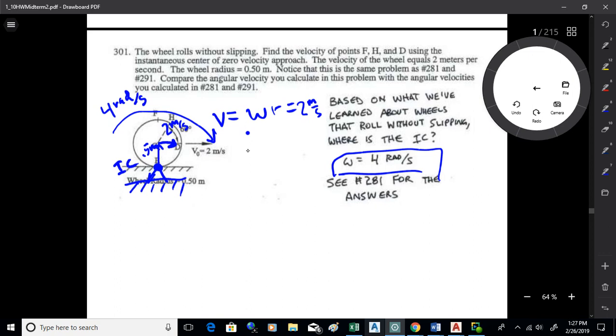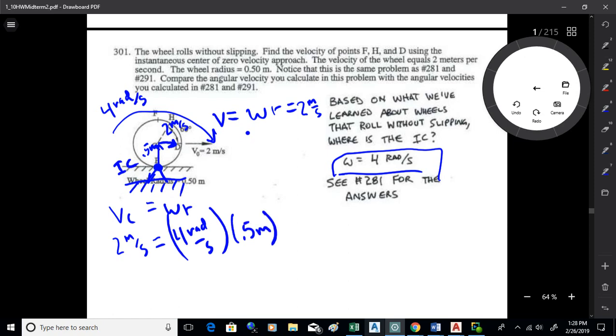And so the velocity of C is omega r. That stuff all fits together now, doesn't it? Because we've got 2 meters per second for the velocity of C, we've got omega is 4 radians per second, and we've got the position of the center with respect to E, which is 0.5 meters. See, that all fits together.